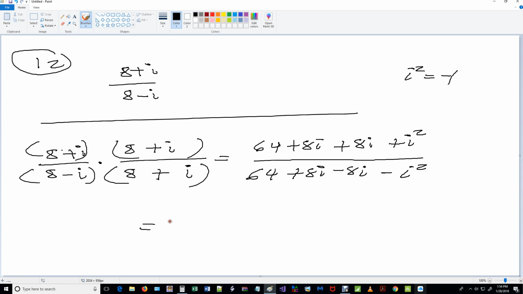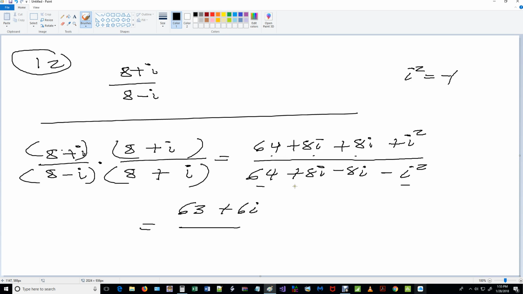So on top, 64 and i squared, that means 64 and minus 1, so that's 63. And then we combine the 8i, that'd be 69. Oops. So plus 69. Now on the bottom, you combine the 64 and the minus i squared. i squared is minus 1, right? So minus i squared means plus 1.